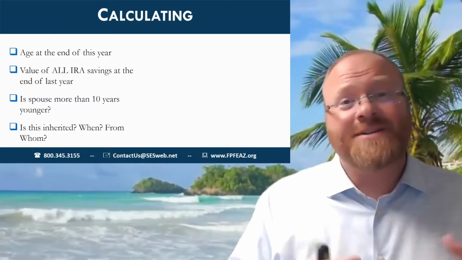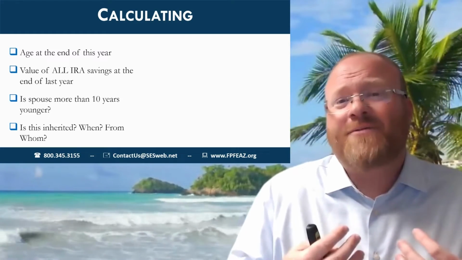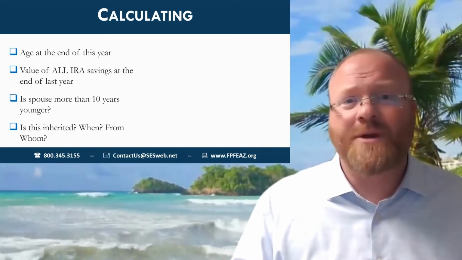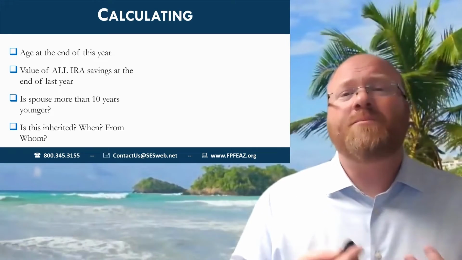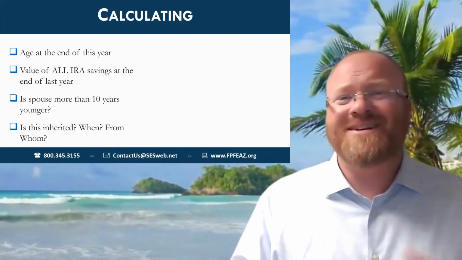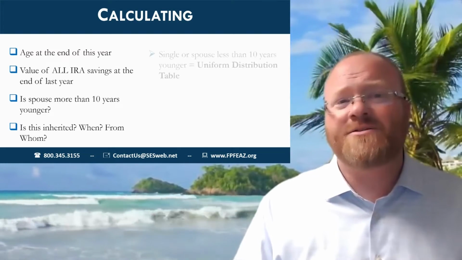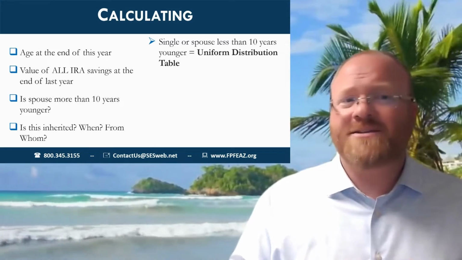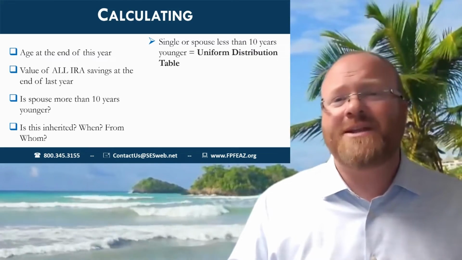And there are different scenarios. If you inherit it from a sibling versus a parent, there are some different rules we get to deal with. So it's important that we get all the information first, and then we can go through and decide how to calculate the required distribution. For the vast majority of us, it is called the uniform distribution table.